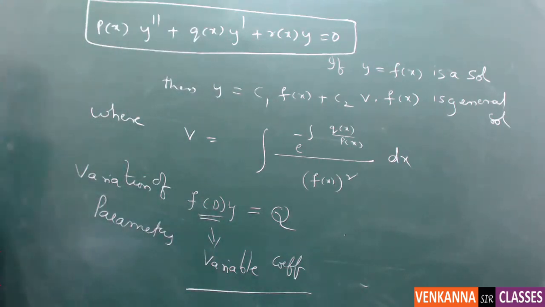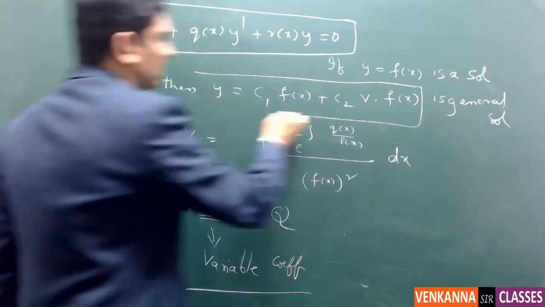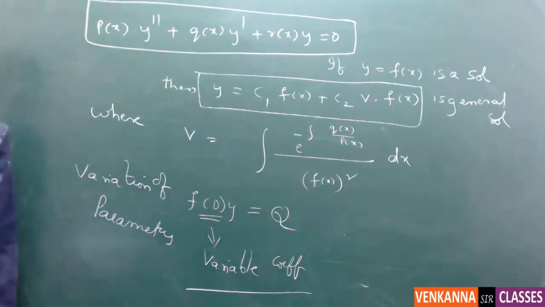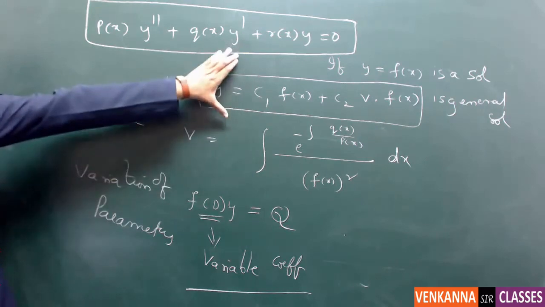Yes, we take one example also. Now see, this is typically nothing but a complementary function: C1 into some function plus C2 into some function. To apply variation of parameters, that is to calculate yp, we require two functions. In other words, to calculate the complementary function, the reduction method is useful.